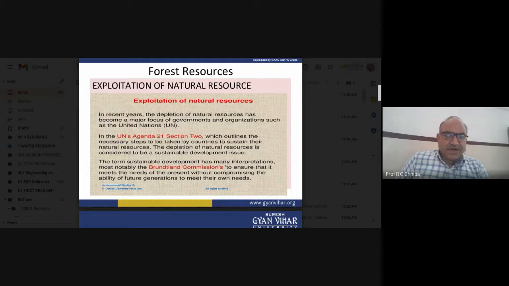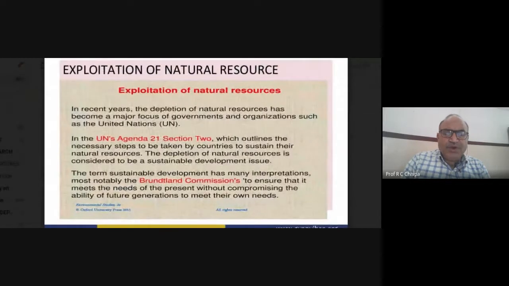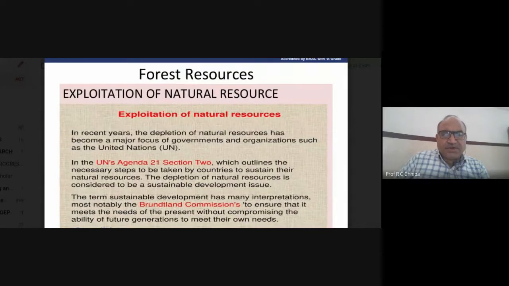The term sustainable development has many interpretations, but what we have to ensure is that the mortality rate must go down. Because of human beings, the natural resources are affected. What are those natural resources? Energy is one thing.